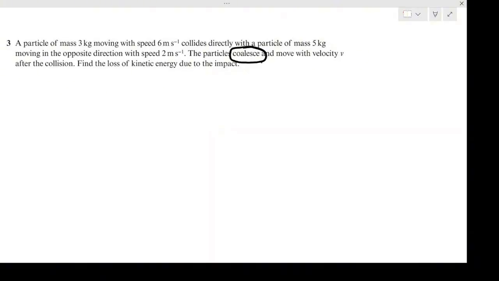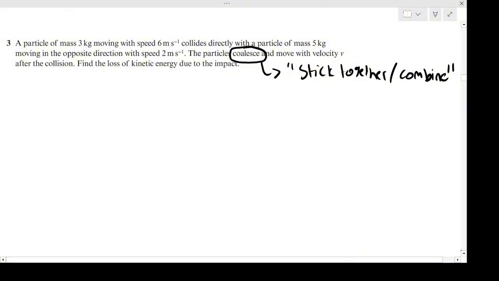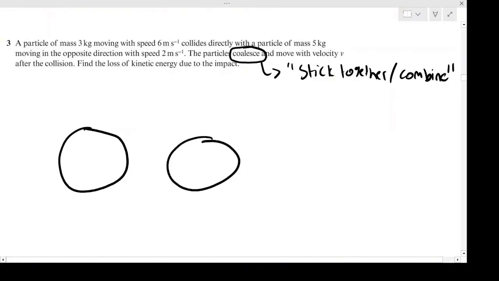Coalesce is a fancy word for saying stick together, or combined. So essentially the particles join as one. If we draw a diagram, before, we've got these two particles, 1 and 2.